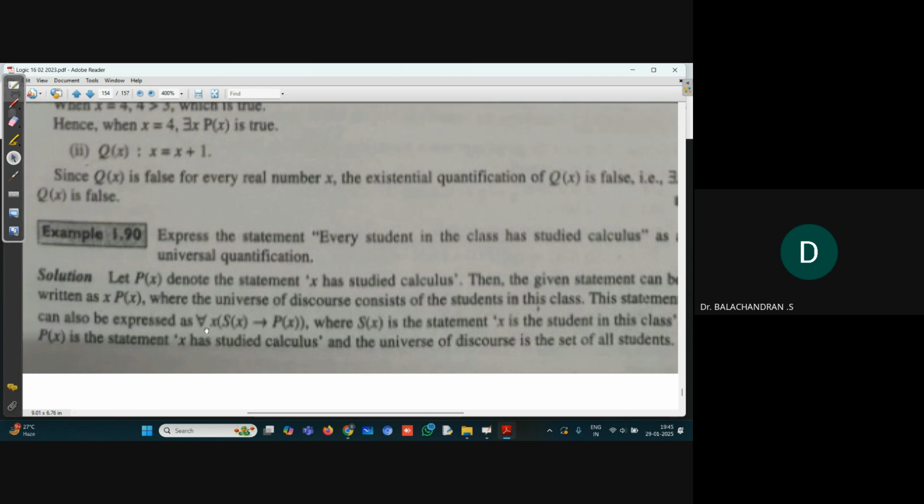Also tell what the universe of discourse is: the set of all students. At least you should write for every x, S of x implies P of x, where S of x is a statement, x is a student in this class, and P of x is a statement, where x has studied calculus.